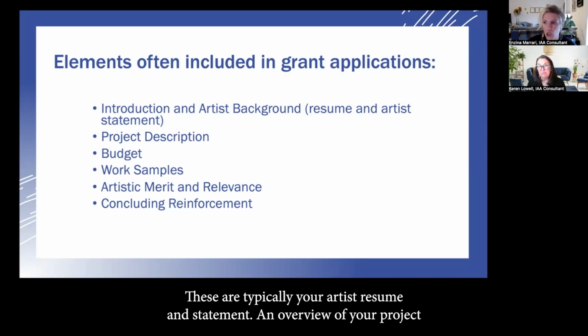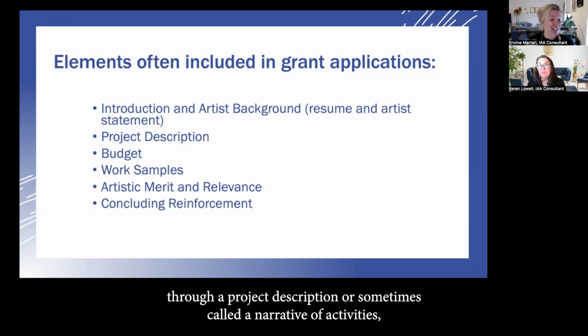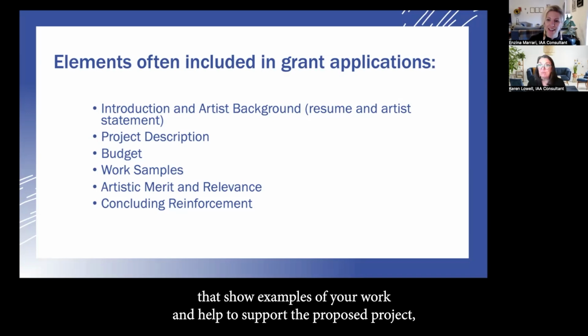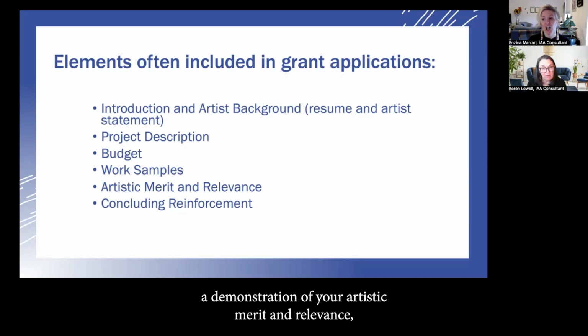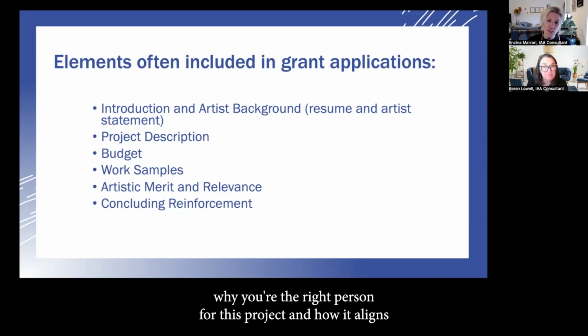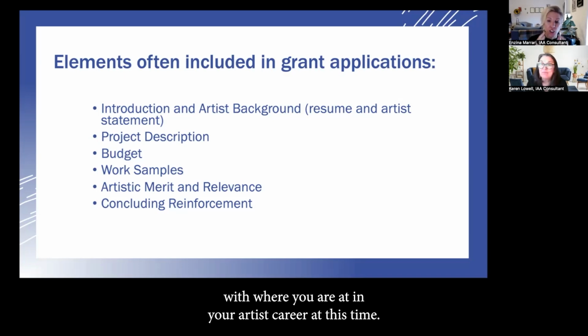These are typically your artist resume and statement, an overview of your project through a project description, or sometimes called a narrative of activities, a breakdown of the project costs through a budget, work samples that show examples of your work and help to support the proposed project, a demonstration of your artistic merit and relevance, and then finally, any concluding points that reinforce why you're the right person for this project and how it aligns with where you are at in your artist career at this time.